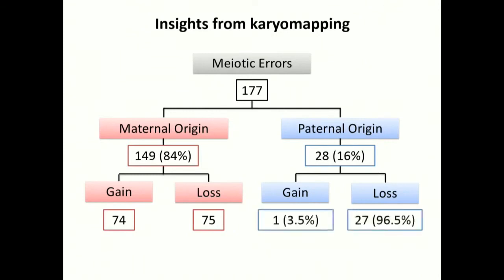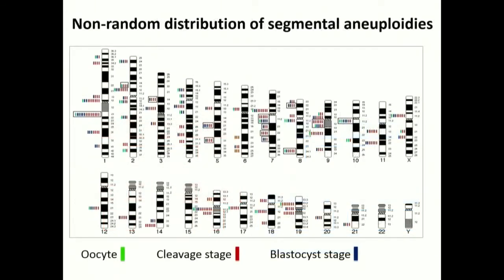But the interesting thing is in the paternal, we get far more losses. And actually, most of these are not whole chromosome losses, but segmental abnormalities. We've mapped out these segmental abnormalities across the genome, and they don't randomly distribute. They are actually concentrated in certain areas.